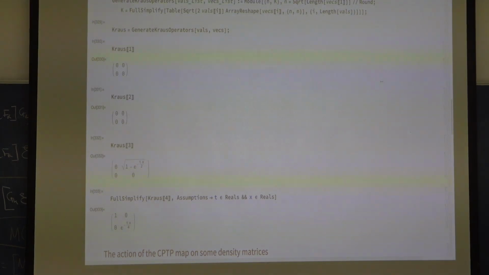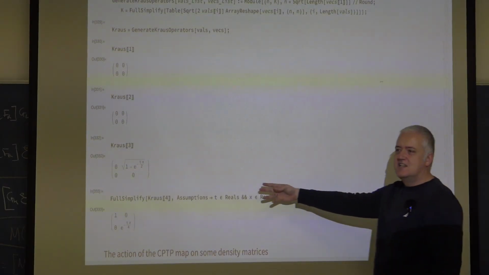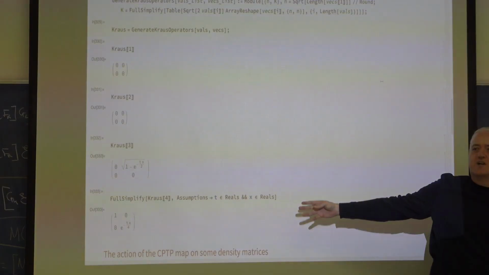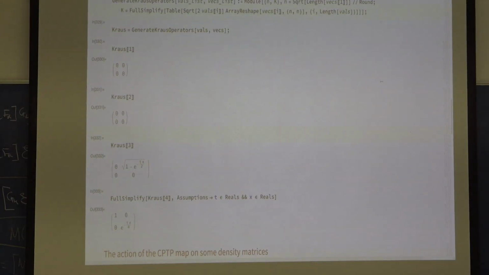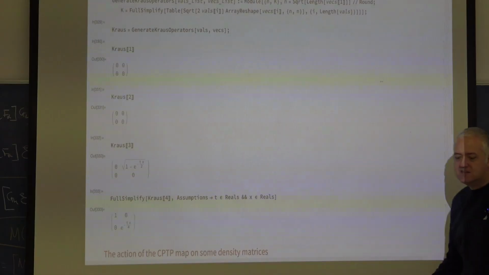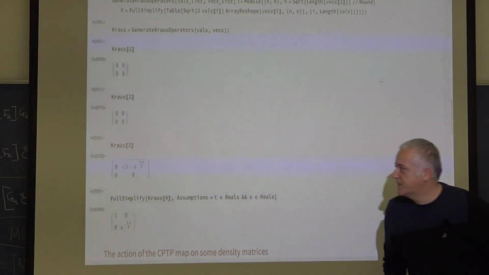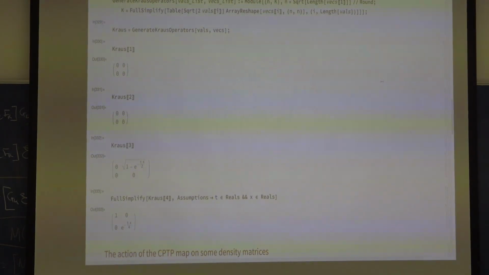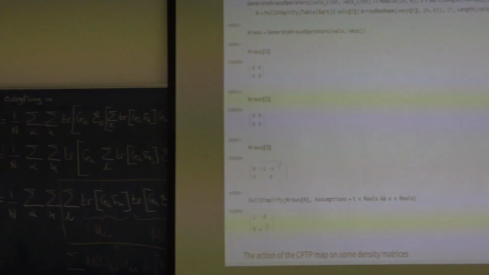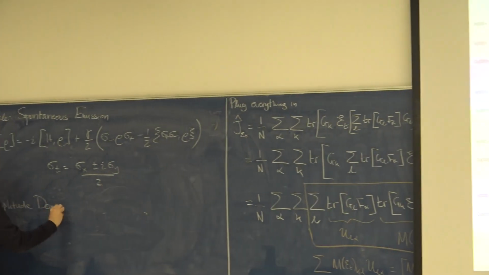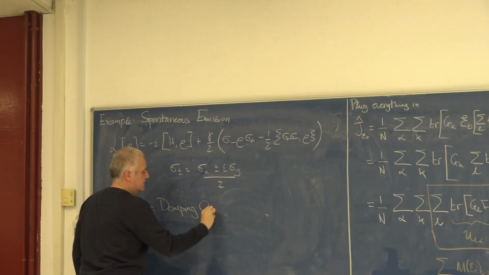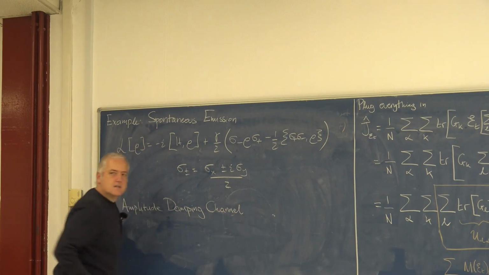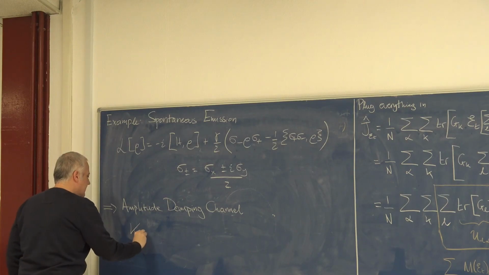Okay? Those of you that are familiar with quantum info will recognize this as what in quantum information parlance is known as an amplitude damping channel. Okay? So spontaneous emission corresponds to an amplitude damping channel. And generally, the amplitude damping channel has 2 Kraus operators.